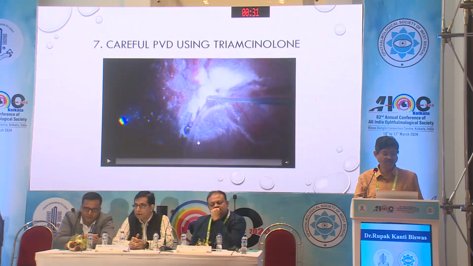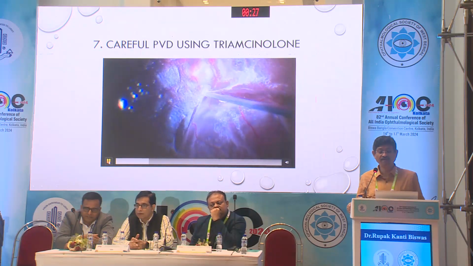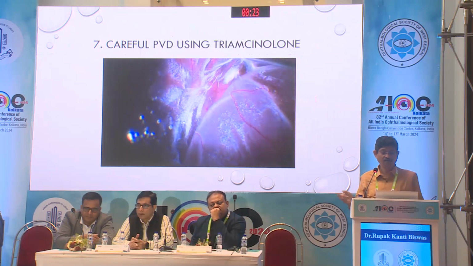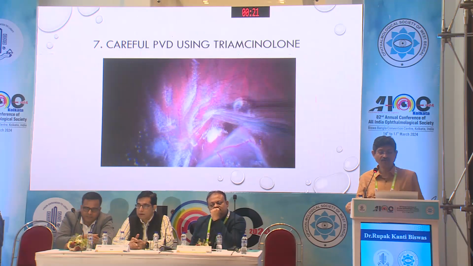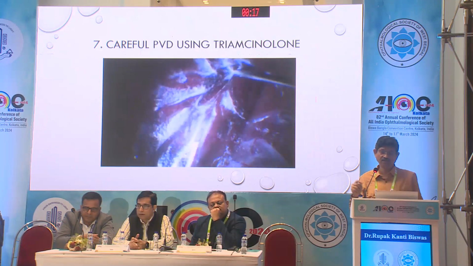Yeah, in early PVR changes also, sometimes you can manage by doing a meticulous PVD. The immature membrane can be taken out along with this. So in this situation, a very slow and meticulous PVD induction can help you a lot.